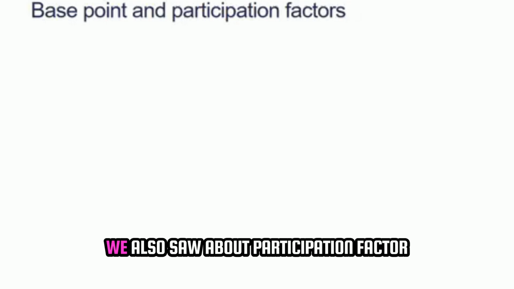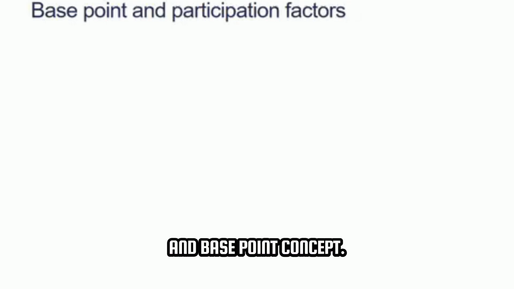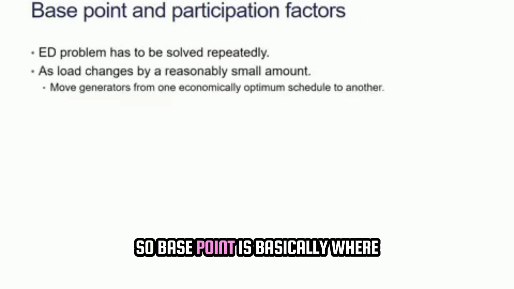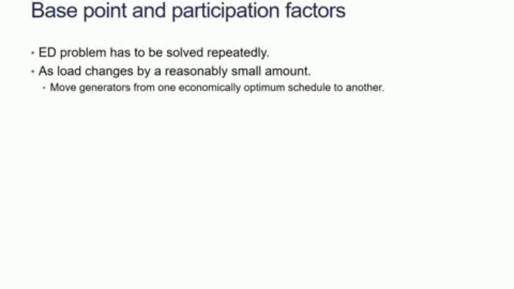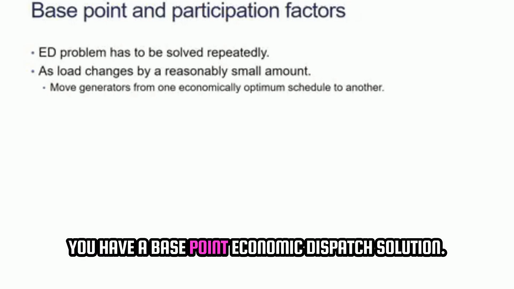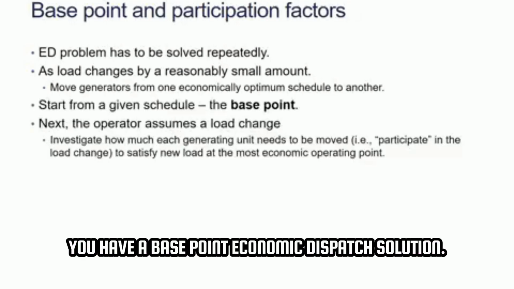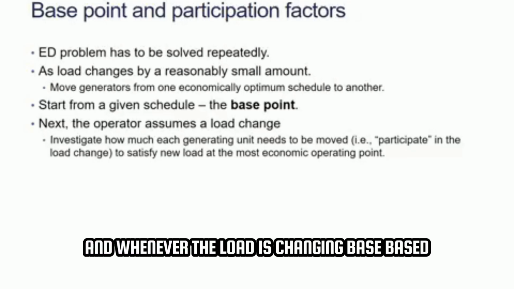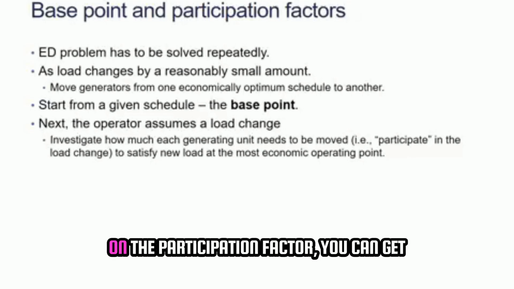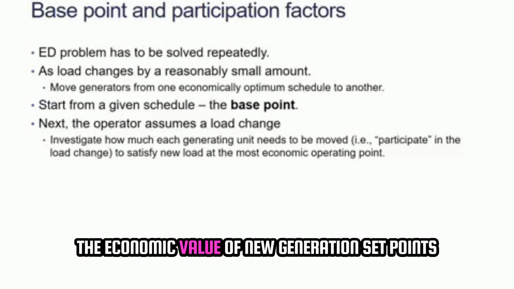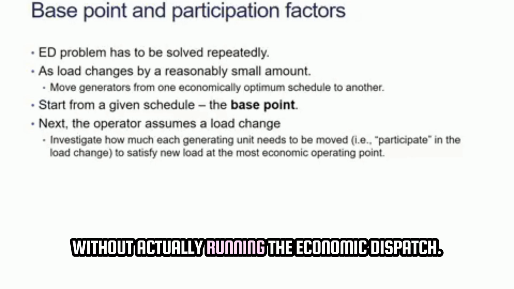We also saw the participation factor and base point concept. So a base point is where you have a base point economic dispatch solution, and whenever the load changes, based on the participation factor, you can get the economic values of new generation set points without actually running the economic dispatch again.